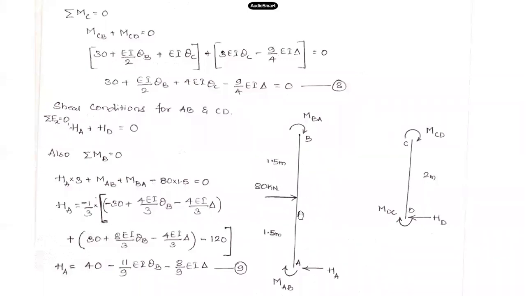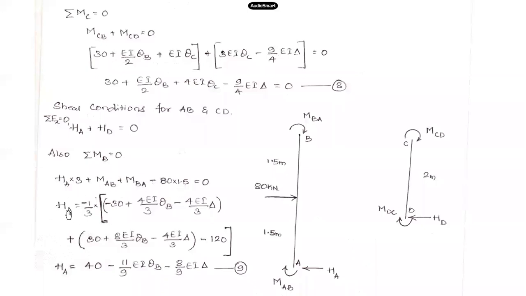So HA into 3 meters, that is taken in clockwise direction, plus MAB, which is also in clockwise direction, plus MBA, that is also considered in clockwise direction, minus 80 into 1.5. So this 80 kilonewton is causing an anti-clockwise moment about joint B. So I've taken summation of moments about joint B equal to 0, and I've written this equation.